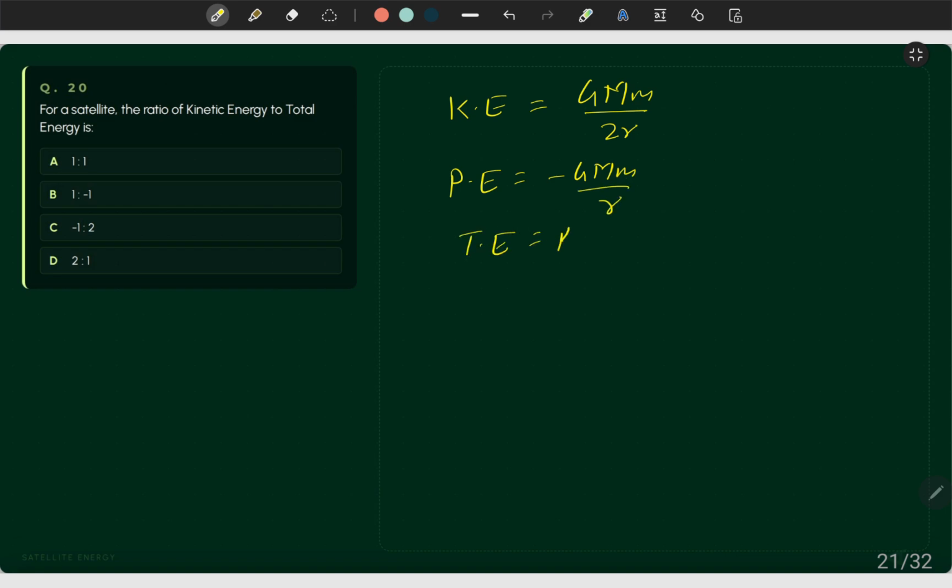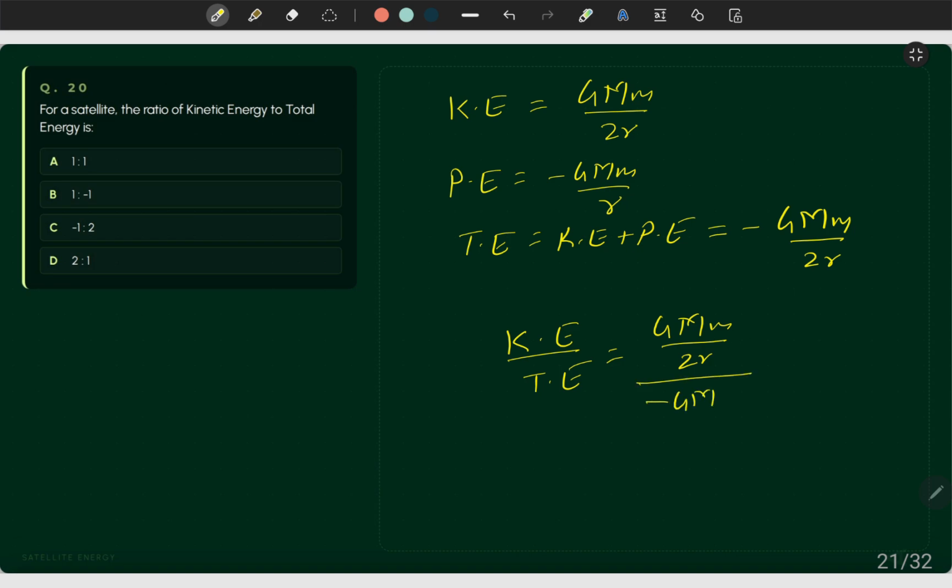Total energy is sum of kinetic plus potential, which is equal to minus GMm by 2r. So ratio of kinetic to total energy will be equal to GMm by 2r by minus GMm by 2r, that is 1 by minus 1. So answer is B.